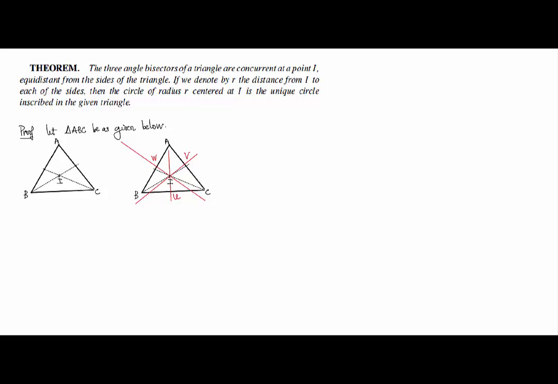What we do next is observe that from our previous result, by the previous lemma, we know that IU is equal to IW.